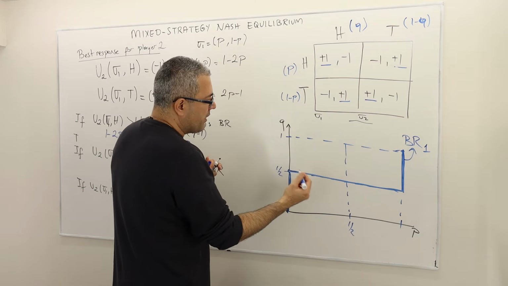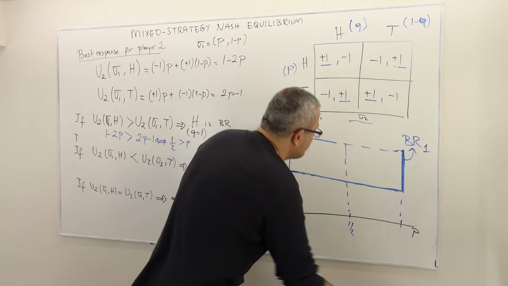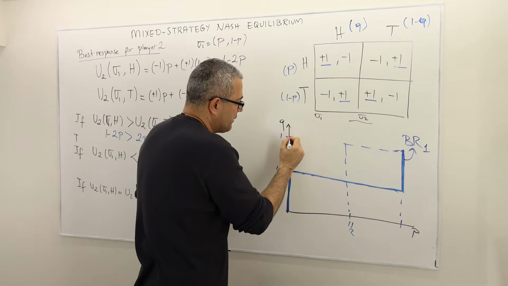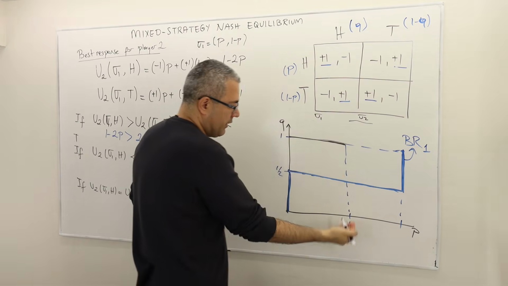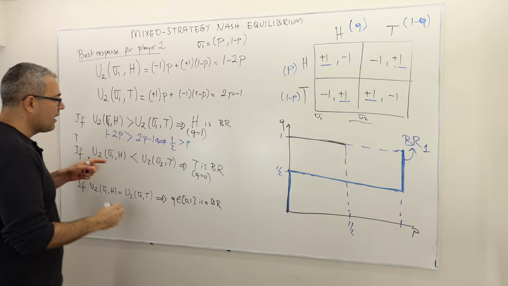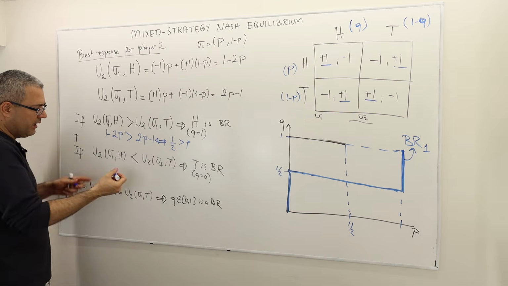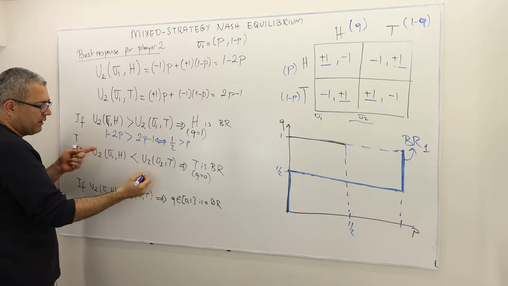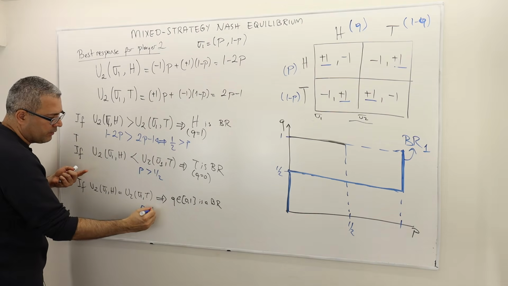So where's Q equals 1? Let's choose a different color because it's going to mix up otherwise. So this is Q equals 1 as long as P is less than 1/2. Do I have to rewrite those inequalities again and again? Not really. If this means P is less than 1/2, this should mean P is greater than 1/2, and this should mean P equals 1/2.